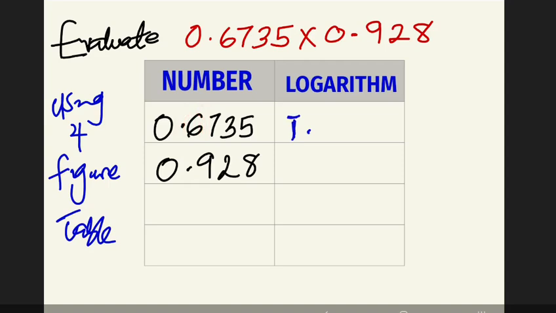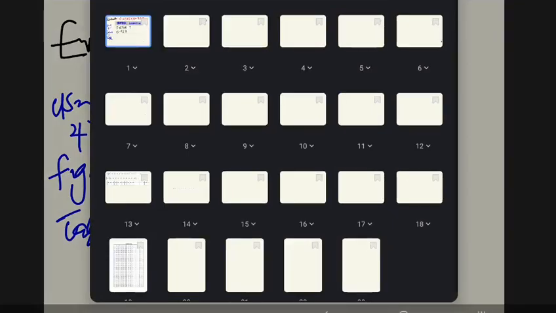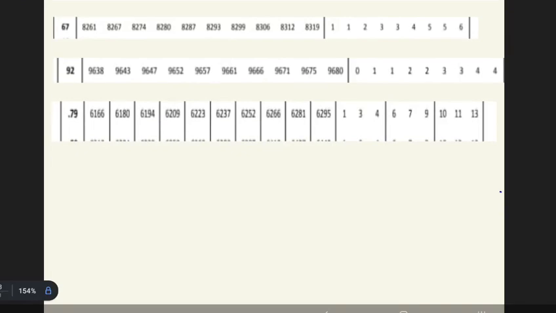So you find the logarithm of 67 under 3, difference 5. Let's go to the table. We have 67 on the first line, under 3. Let's count 1, 2, 3. It gives you 8280.